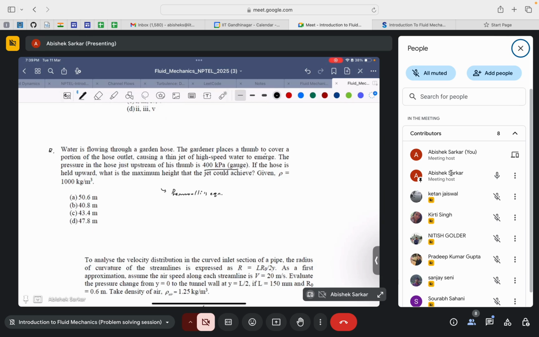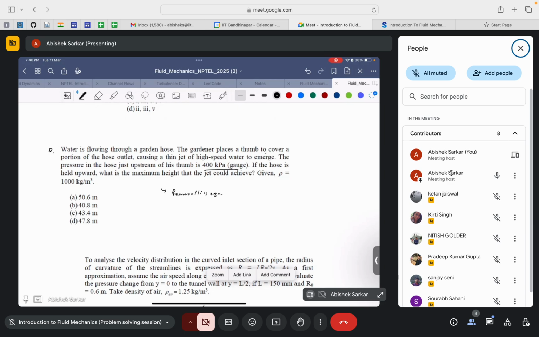So these kinds of problems can usually be solved in the most simplified manner using Bernoulli's equation, because you are comparing the values of a particular fluid parameter in two different places.